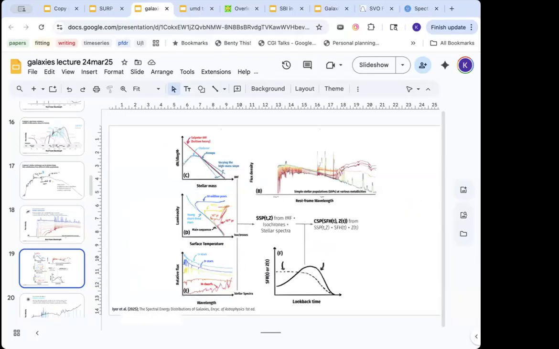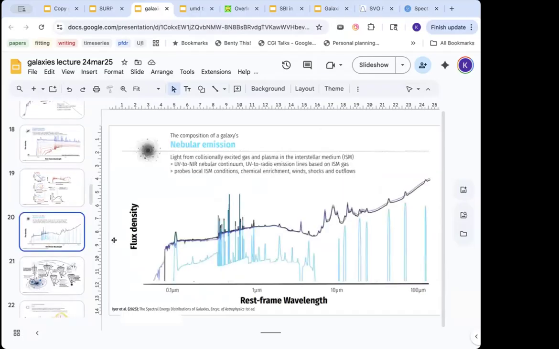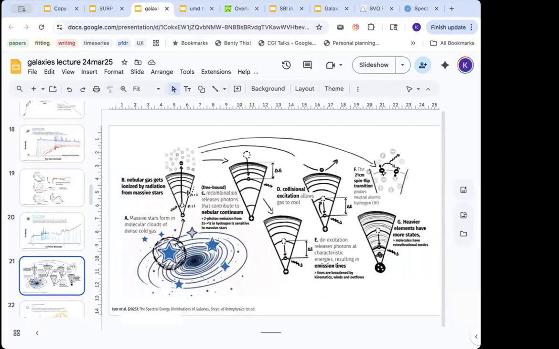The second part is this nebular emission, which is basically when light from these stars goes through gases in the interstellar medium and ends up ionizing all the different species. The paper has a treatment of all the different ways in which you can ionize the gas.